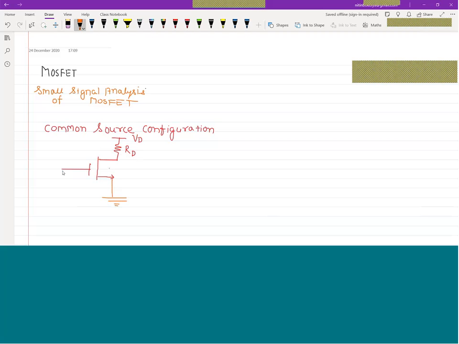And we have the supply, which is capital V, and let's say this is small v.